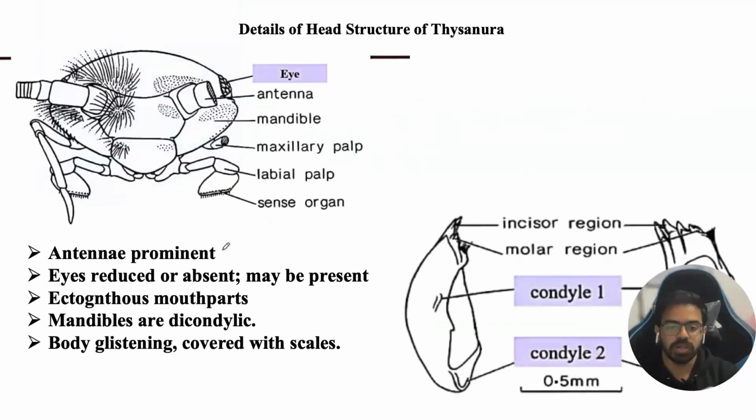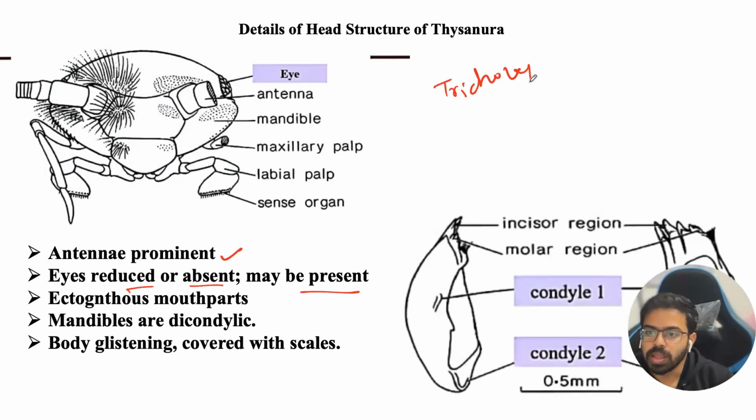So these are the different characters. Antenna is prominent, eyes are reduced or absent, and may be present in different families. Like three families given in the refresher. One is Tricholepidae, it has compound eyes.